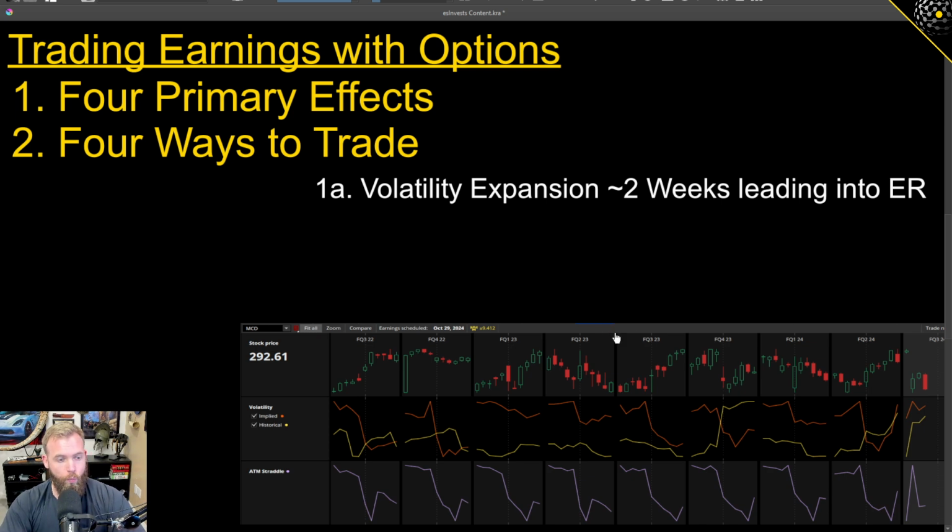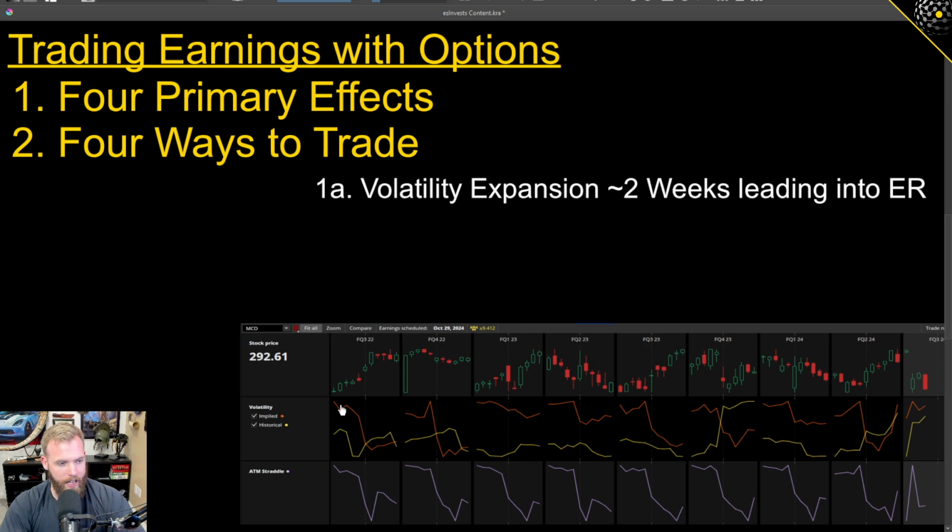However, I'm going to show you one view from my platform, which is Thinkorswim, because it helps visualize the relationship between implied and historic volatility really well. So volatility tends to expand starting about 2 weeks out leading into the earnings release. So essentially, this orange line is implied volatility. And then this yellow line is historical volatility.